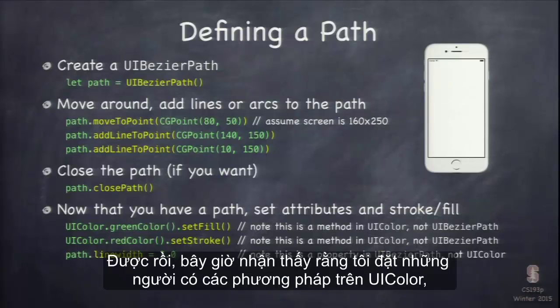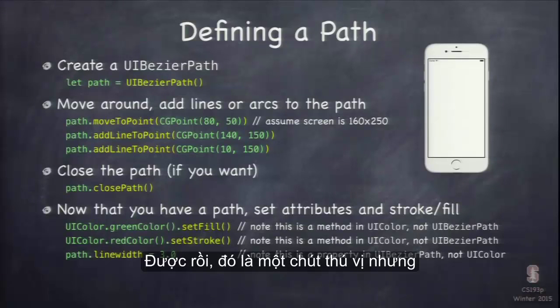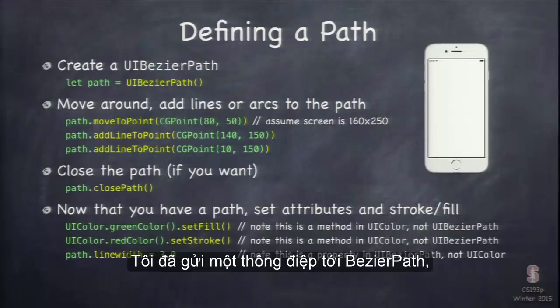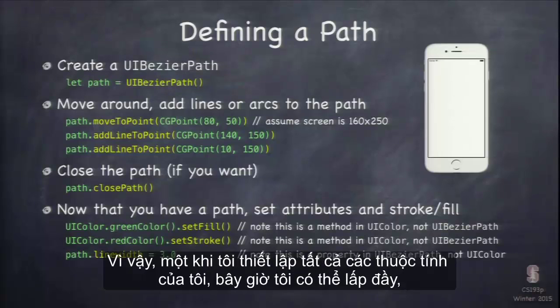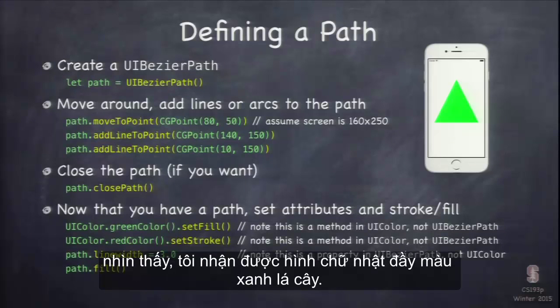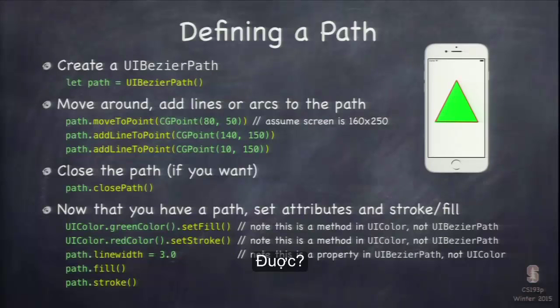Notice that I set those with methods on UIColor, not with methods on the Bezier path. That's a little interesting, but that's the way it works. But line width, I do set by talking to the path. So I send a message to the Bezier path to set line width to 3. Once I've set up all my attributes, now I can fill, for example, by saying path fill, and I get the shape filled in green, or I can say stroke, and it'll stroke the red line.